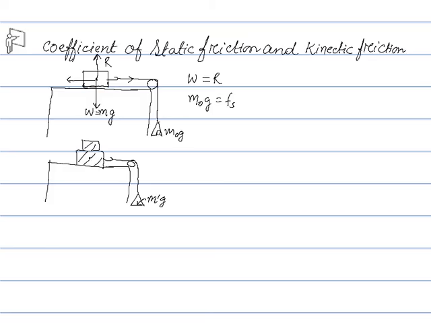So here the weight of this block has also increased, so this weight is w dash. The normal reaction given by the surface of the table on the block is R dash. Since this has increased, the frictional force is also increasing along with the applied force. So let it be fs dash.